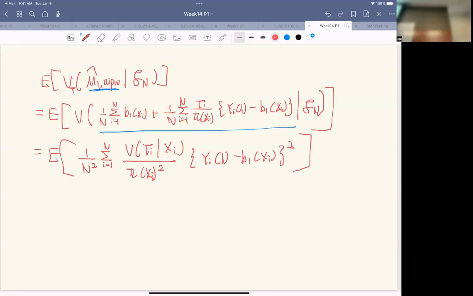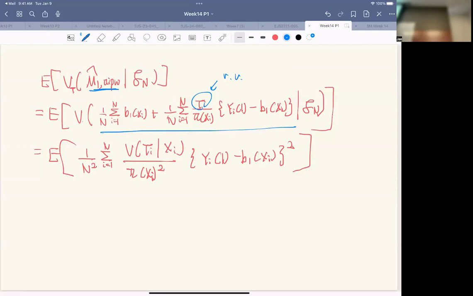What I did is that ti is the only random quantity in the conditional variance, so only this guy is a random variable. There's no covariance because ti is independent.